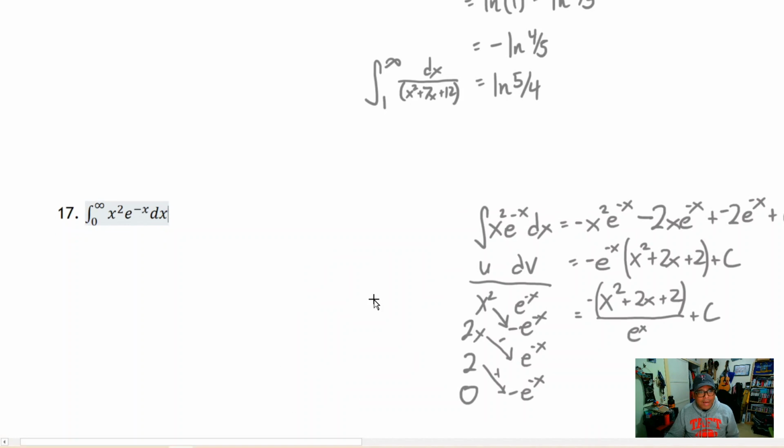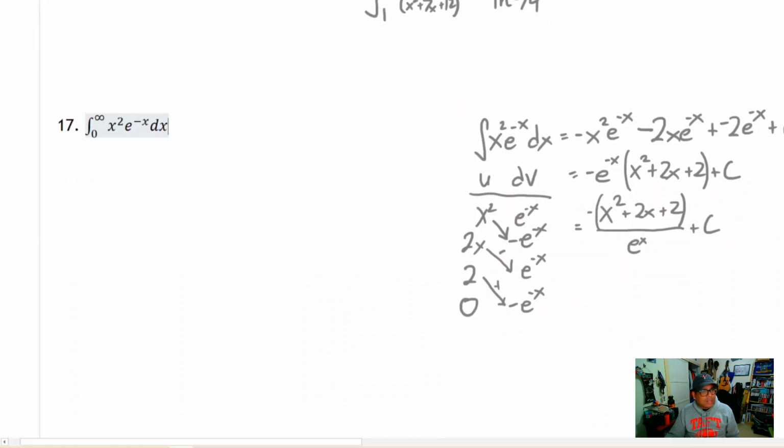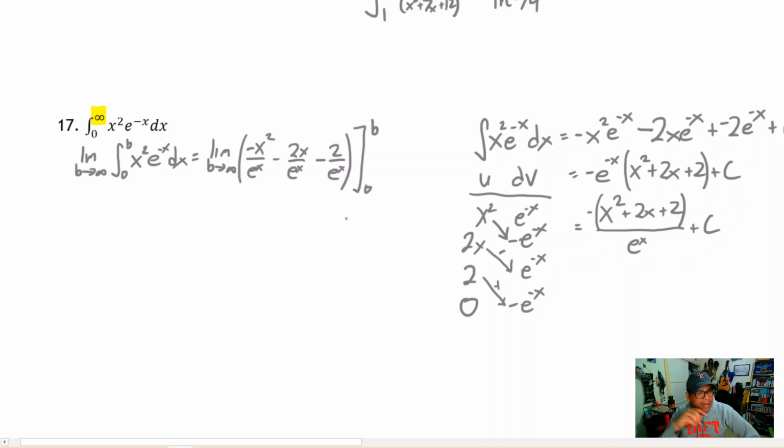Let's move that over to the right side and take a look at the definite integral. I notice that the upper limit here is infinity, so I'm going to set up the integral with the upper limit as a dummy variable. And now I'm going to use my antiderivative. Along the way, I had a change of heart here.